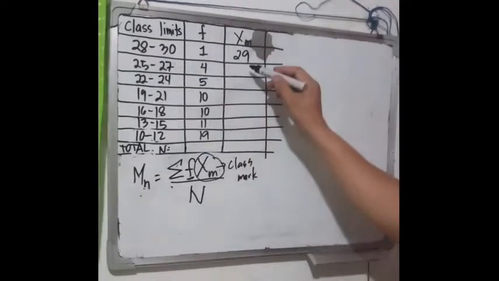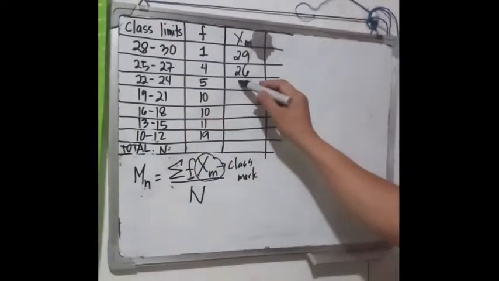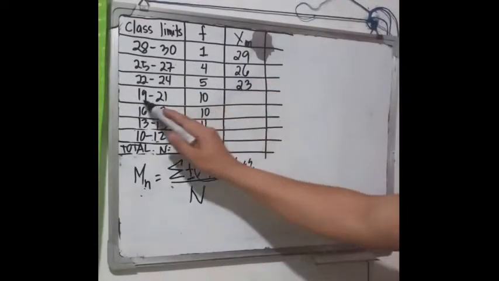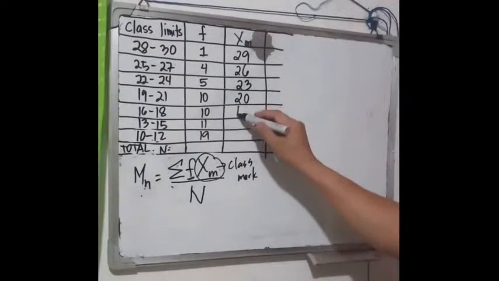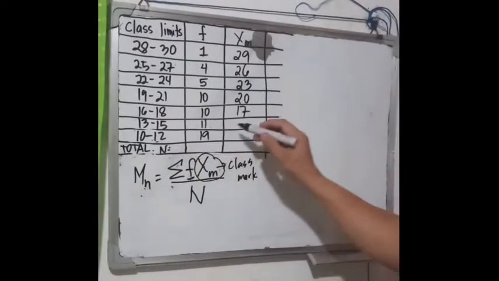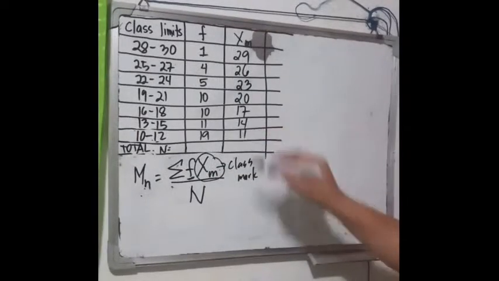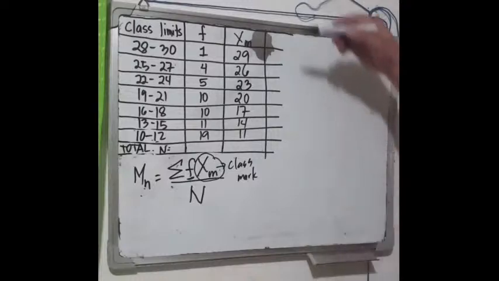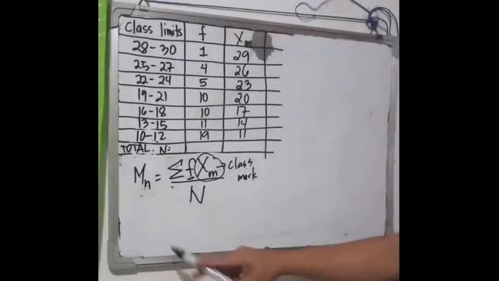This one 26, 22, 23, and this one is 20. This one is 17. This one 14, and last is 11. So that is the class mark or the midpoint of its class.